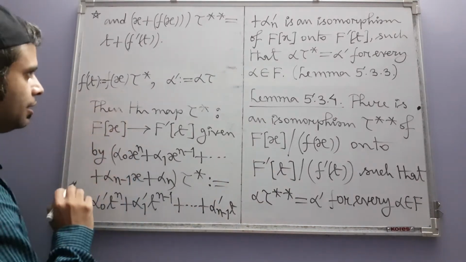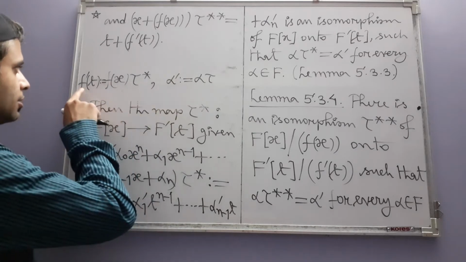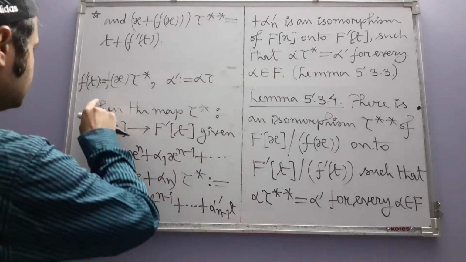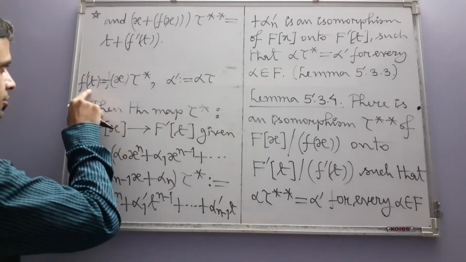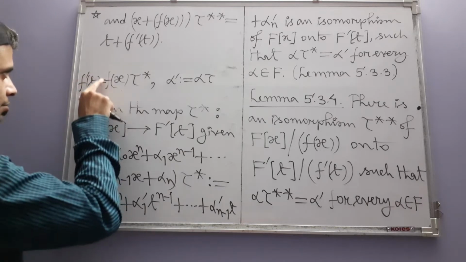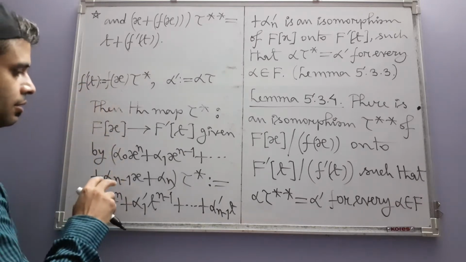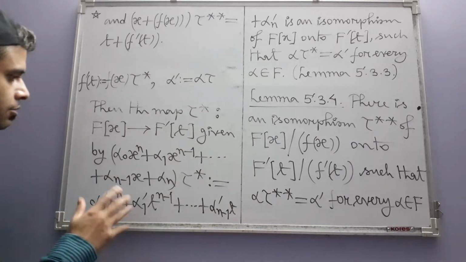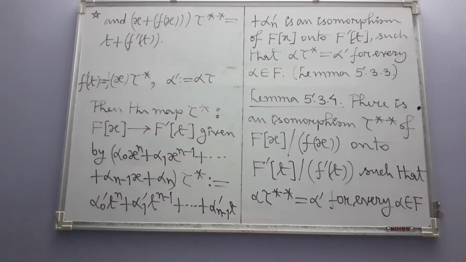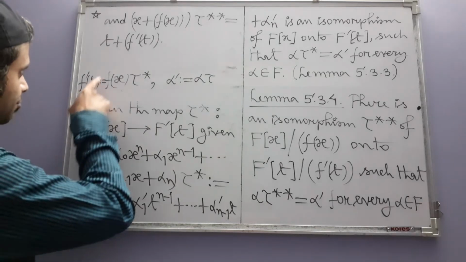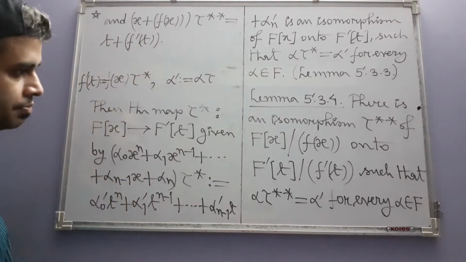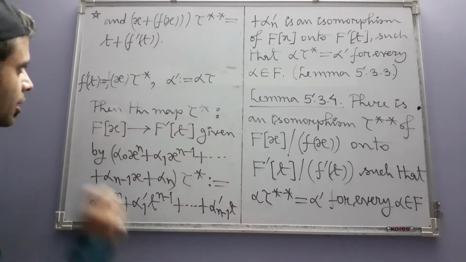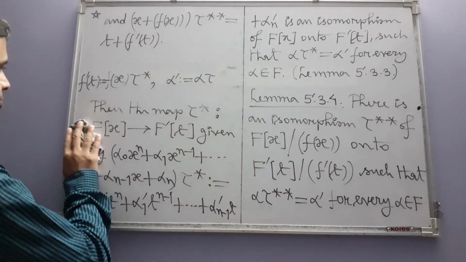So it's just a name. And do not think, as I already said in the previous video also, do not interpret this f prime(t) as the derivative of the polynomial f(t). The derivatives don't make any appearance here. So that f prime(t) is this f prime(t). So now we prove this.